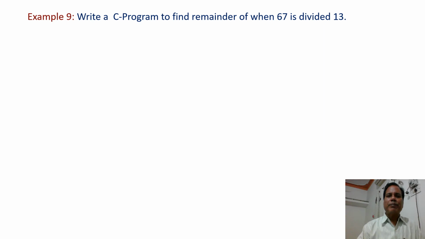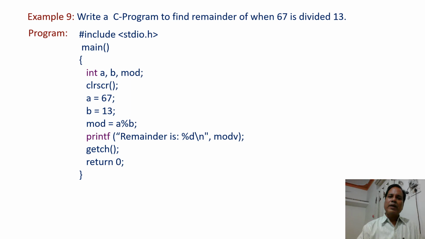In the next example, we have to find the remainder of 67 when it is divided by 13. So again, we declare three variables in our program, int a, b and mod.